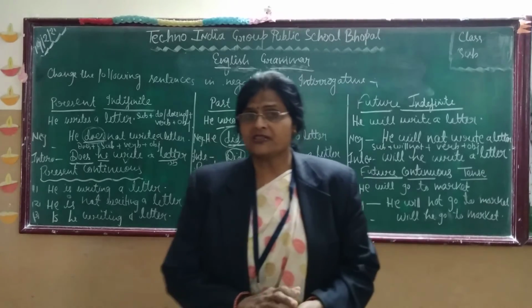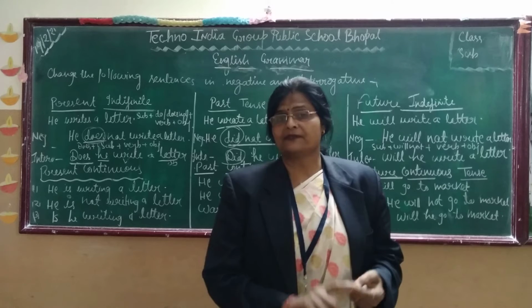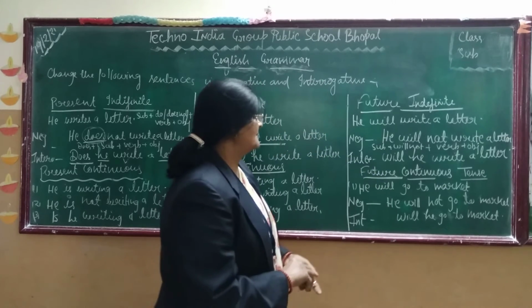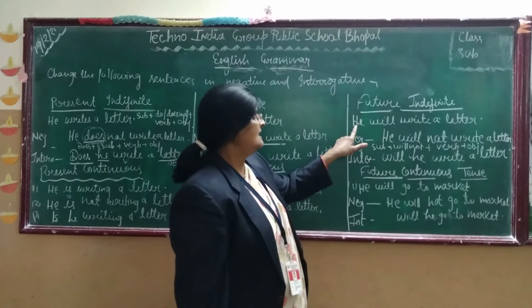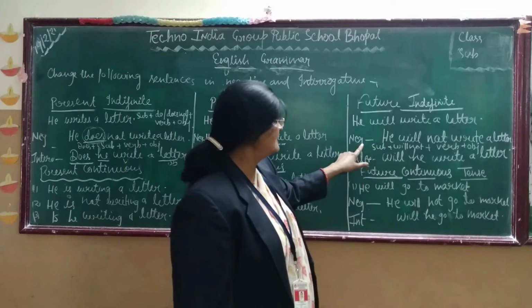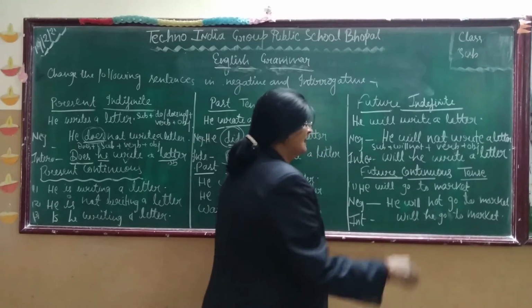But if we have to change in the negative sentences, so after this helping verb, after will, after shall, we always use not. Look at the example. In the negative sentence, he will write a letter. If we want to change in the negative, then we will write he will not write a letter. What we will use?